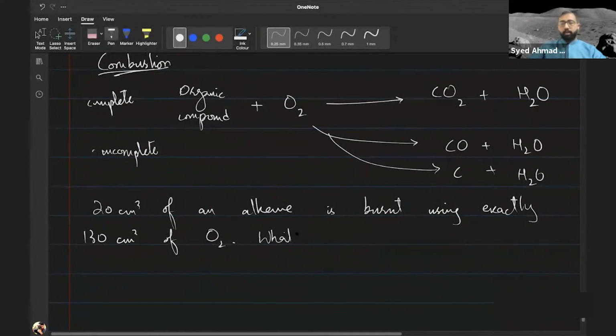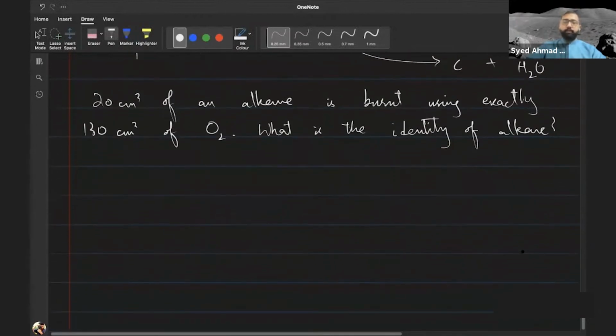What is the identity of alkane? आपको चेक करना है. So what's the first step?